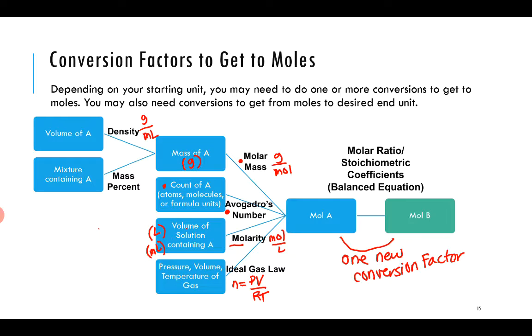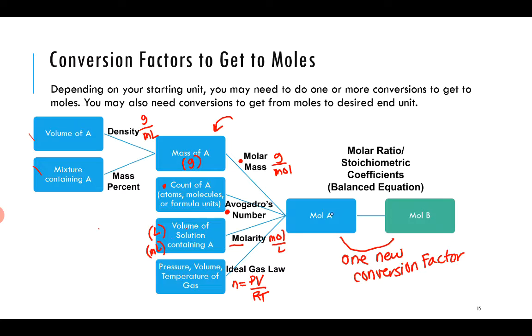Okay, so we're mostly going to be sticking in that column though, not really focusing on things over here. We're going to be focusing on identifying, do we need to use molar mass? Do we need to use molarity? Do we need to use Avogadro's number in order to get to moles?